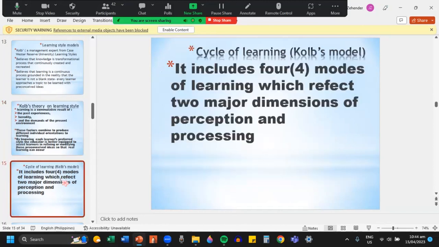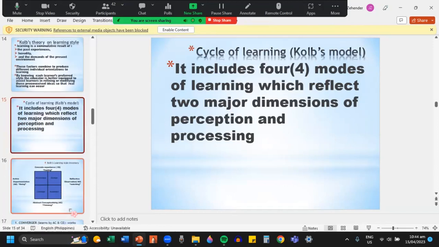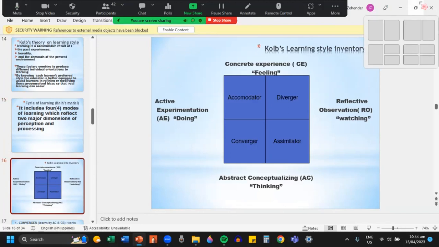Okay, so the cycle of learning according to Kolb's model includes 4 modes of learning which reflect 2 major dimensions of perception and processing. Okay, so we have concrete experience for feeling.